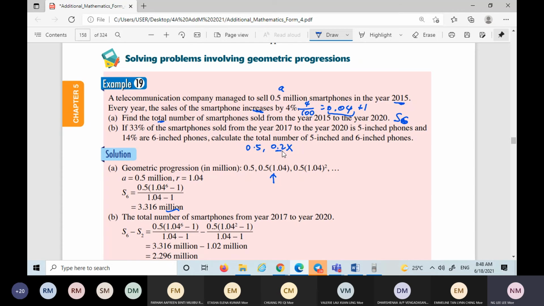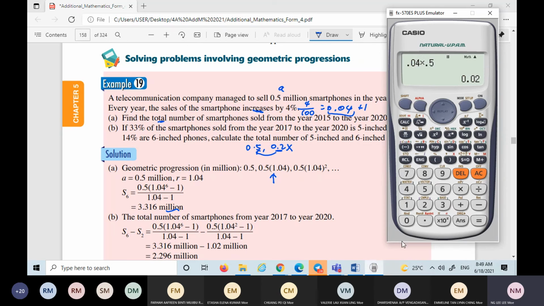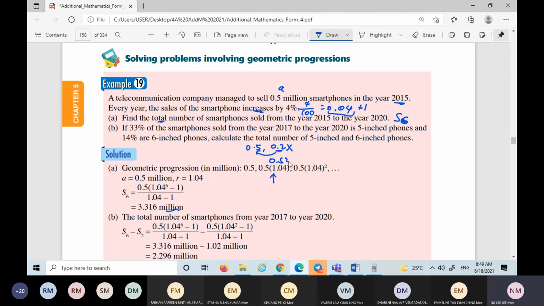So the second year, this number should be bigger than this one. But how about this? If you get 0.5 times 1.04, then you have 0.52. Now you can see the increase by the 4%. Therefore, you must use 1.04.